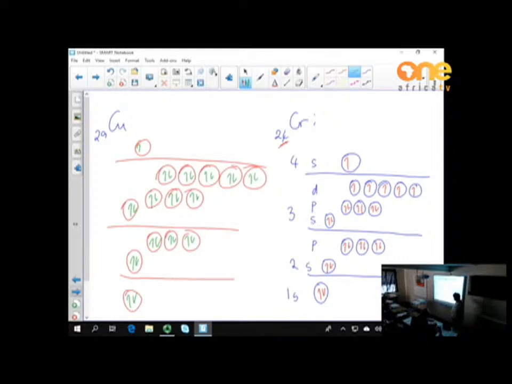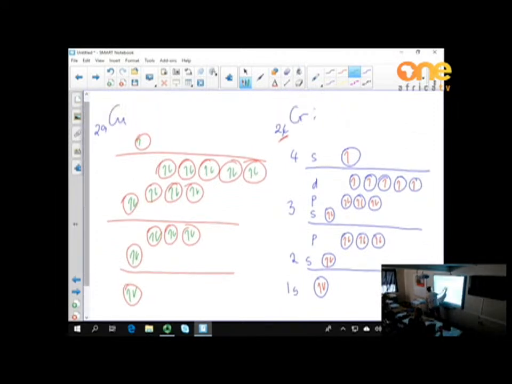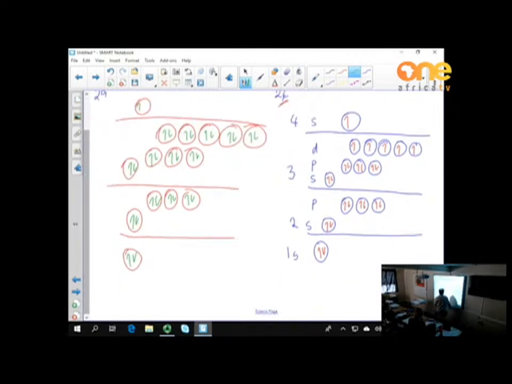Okay, now, from this, they go and say to you, give the spd notation of, for example, chromium. So now you say to them, we have chromium, and the 1s subshell has 2 electrons. The 2s subshell has 2 electrons.